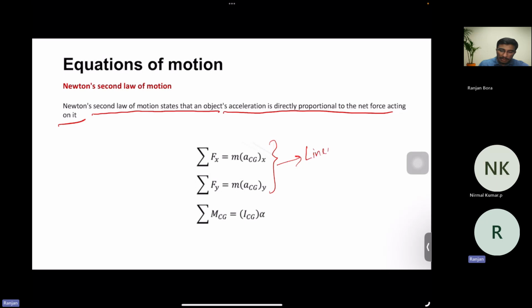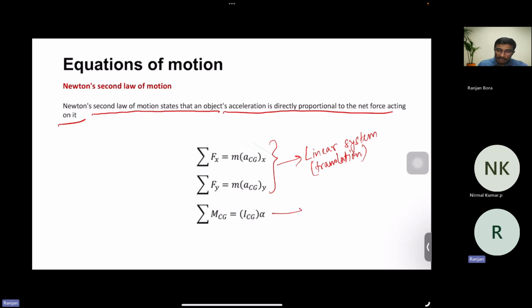These two equations are for a linear system, meaning when there is no rotation, only translation. For translation, we can use these two equations.